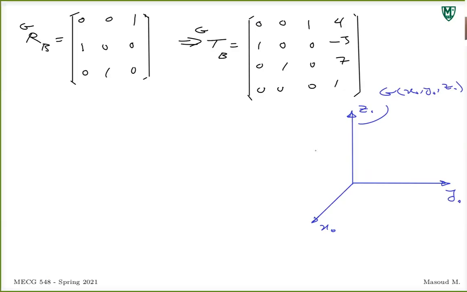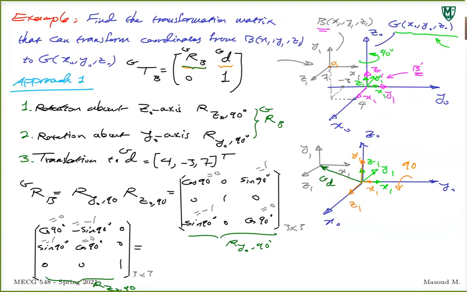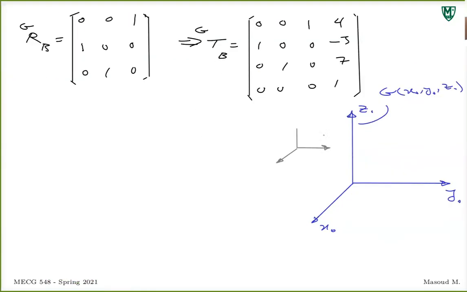And then here where you are at the end, or where you should be, this becomes x1, y1, z1. So starting from where we are, this is aligned with x1, y1, z1.